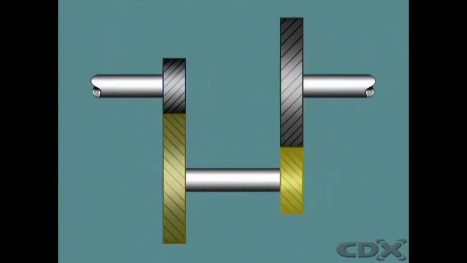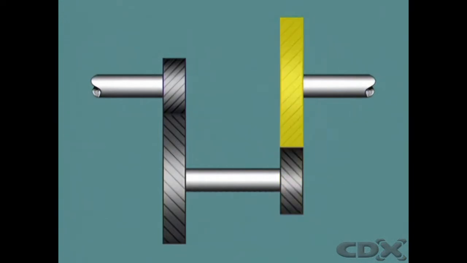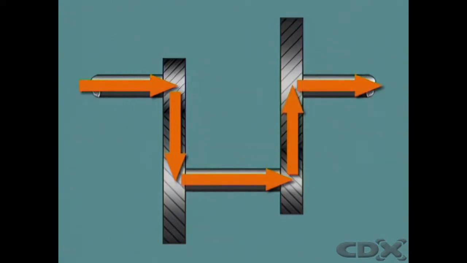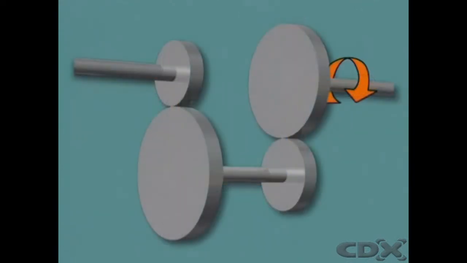The countershaft has a smaller gear formed on it, in mesh with the output shaft gear. The motion of the input is transferred through the large gear, along the countershaft to the smaller gear, to the output. The output turns in the same direction as the input, but at a reduced ratio, depending on the relative sizes of the gears.